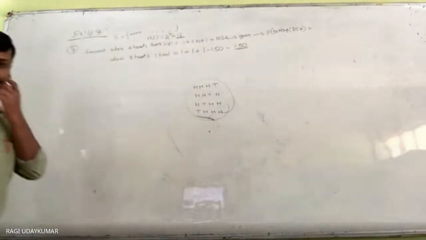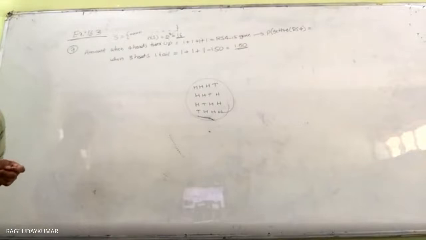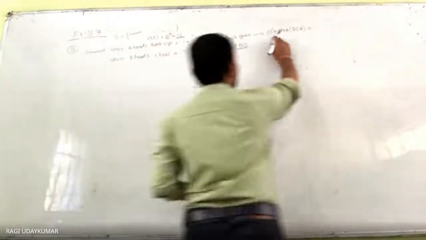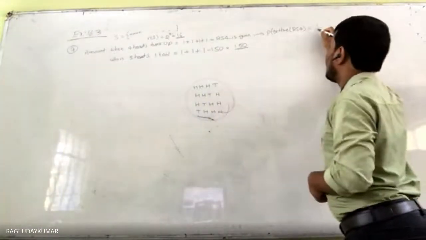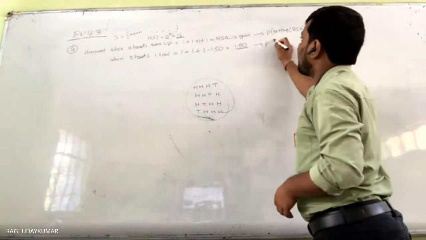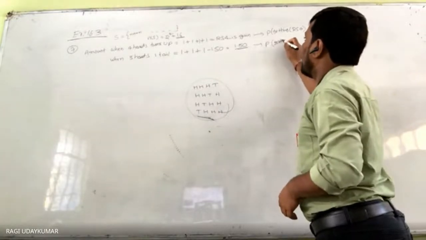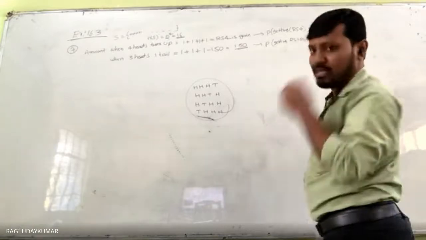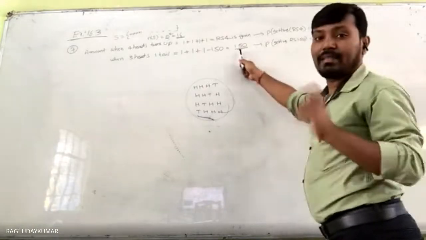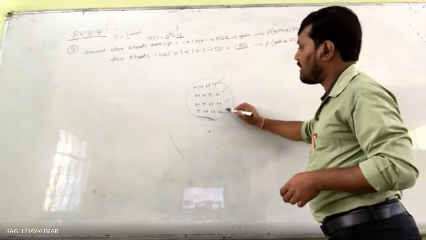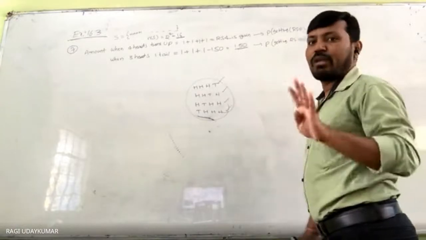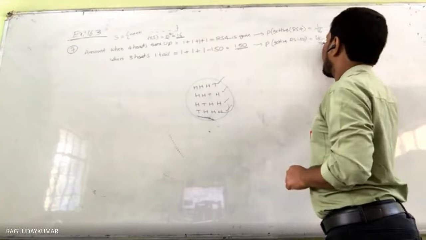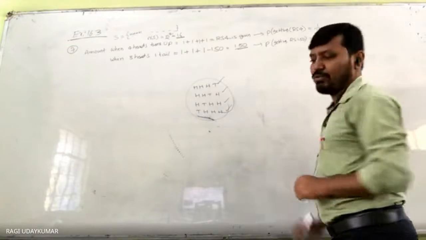So the probability of getting 4 rupees is one time out of 16, that is 1 by 16. The probability of getting 1 rupee 50 paisa: when does 1 rupee 50 paisa come? In these 4 ways, so 4 times out of 16, 4 by 16.